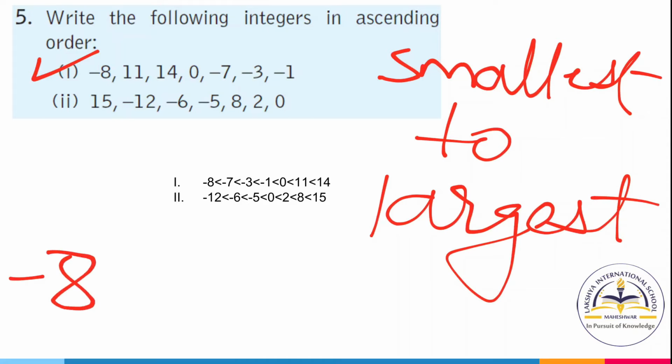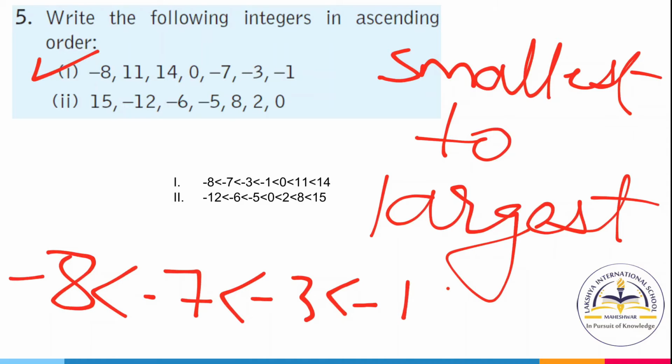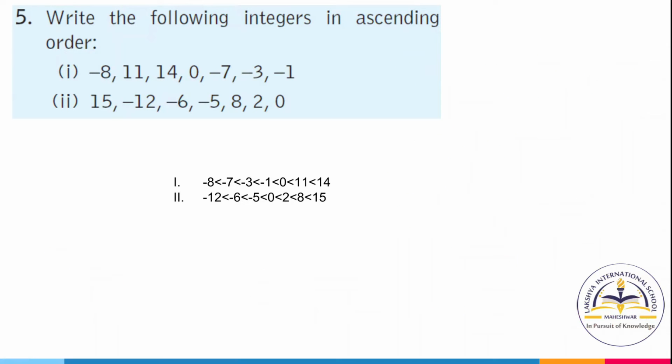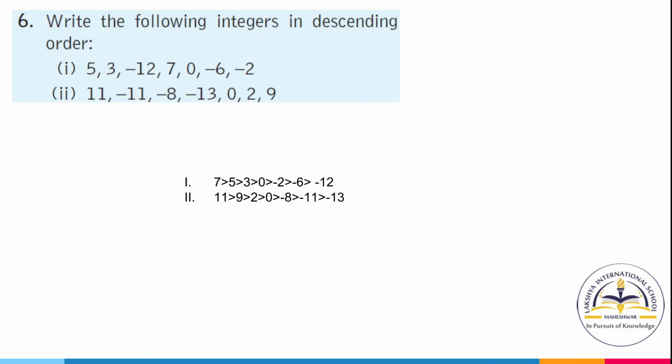First we will write -8, then -7. First we have to write the negative numbers. Sorry, I am using the wrong sign. -8, then -7, then -3, then -1, then 0, then 11, then 14. Like this you have to arrange them in ascending order.